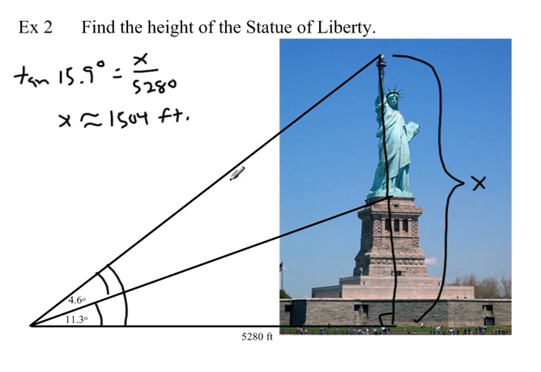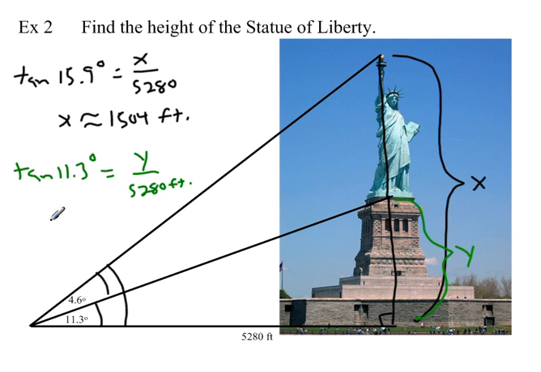Now that's the entire height. I just want to know the height of the statue. We still can't do it using trigonometry, but we can find this height, the height of the base. I'm going to call that y. And I can say the tangent of 11.3 degrees is equal to y over 5,280 feet.